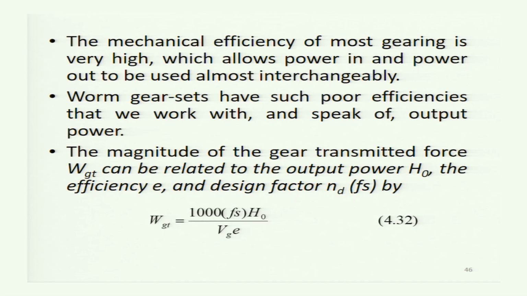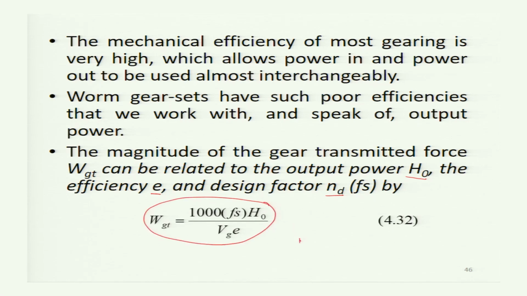The mechanical efficiency of most gearing is very high, which allows power in and power out to be used almost interchangeably. Worm gear sets have such poor efficiencies that we work with and speak of output power. The magnitude of the gear transmitted force WGT can be related to the output power HO, the efficiency E and the design factor ND by this formula.